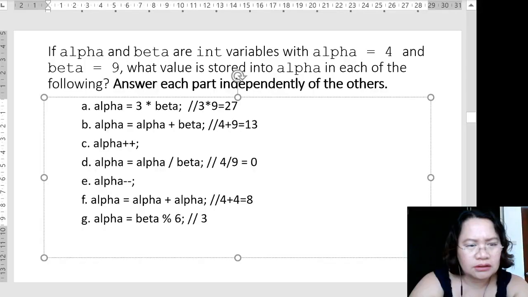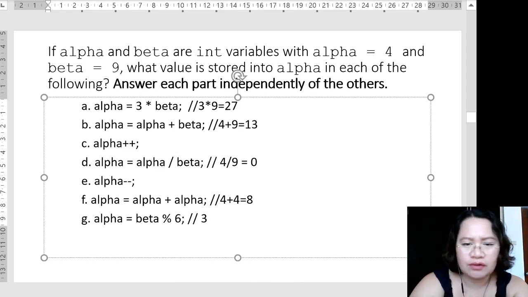Next, we have alpha plus plus. So that means 5. Anong wala ko aning 3? Saan ni siya? 0 and then, okay. The 3 we did not answer, no? Minus minus is minus 1.